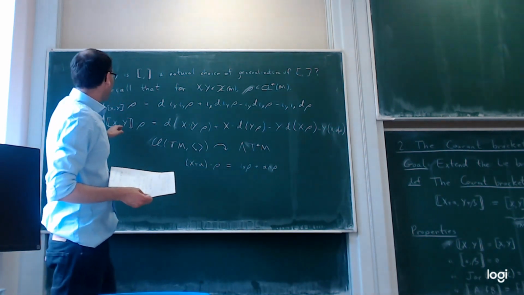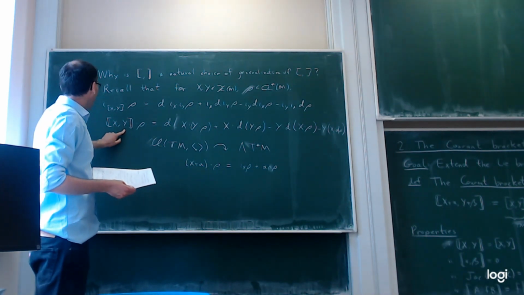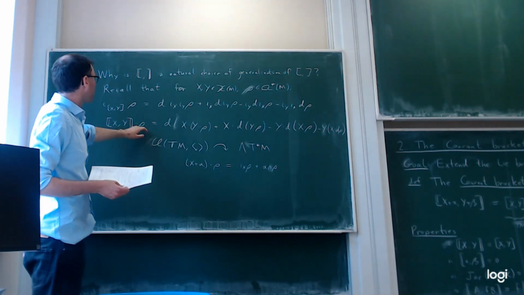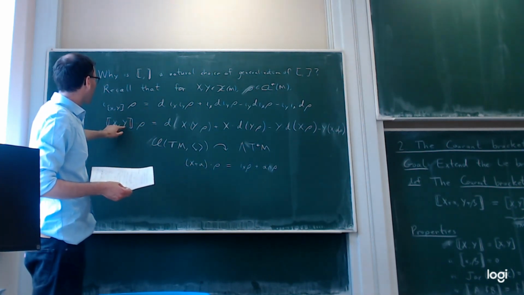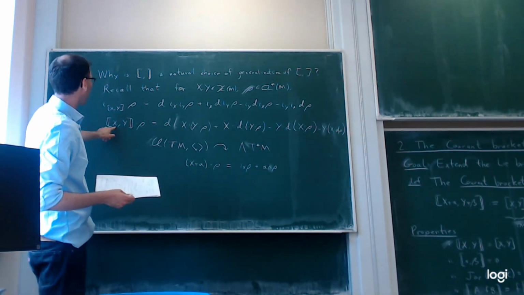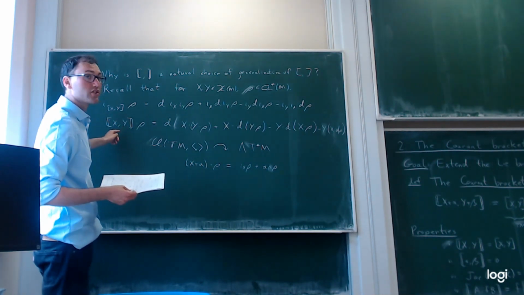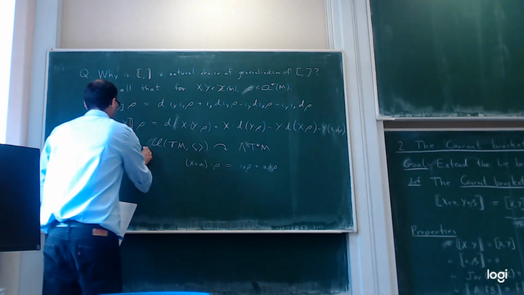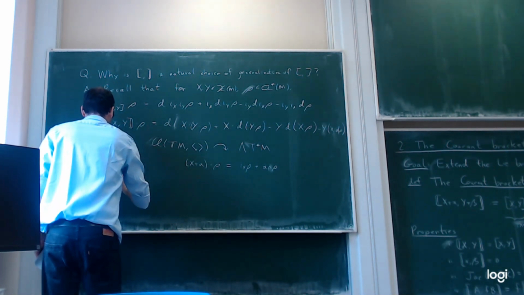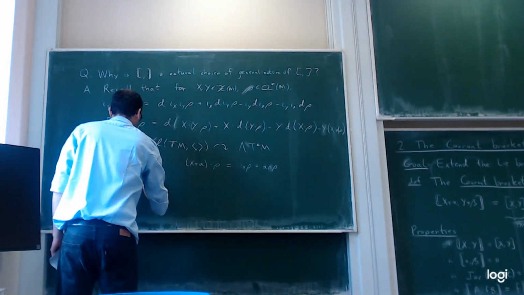And now we extend this formula. We want this formula here to characterize the Courant bracket. So instead of it being satisfied on just the tangent subbundle of the extended tangent bundle, we're going to assert that it be satisfied on sections of the entire extended tangent bundle.